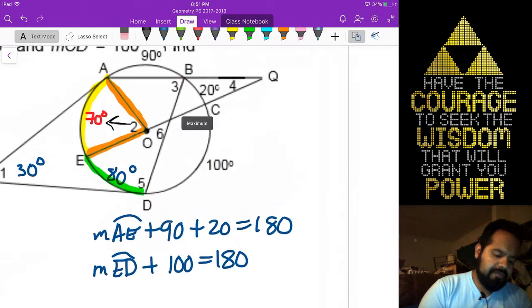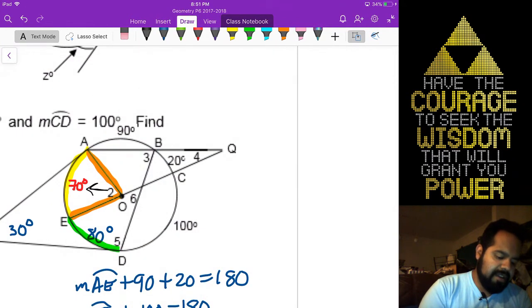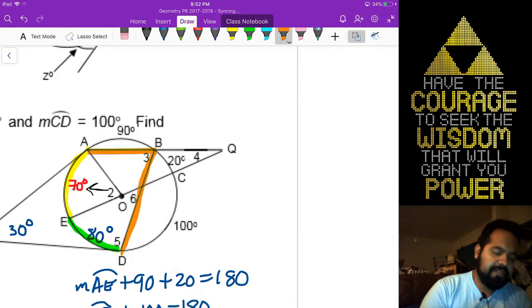Angle 3, which is over here, I'm going to erase that orange again. Angle 3 is right here. It's formed by these two chords. So there's my ice cream cone. I'm looking at the ice cream, which is the combined yellow and green highlighter.